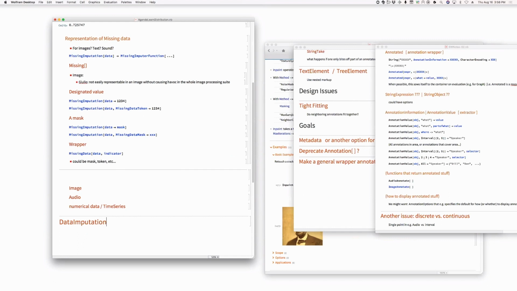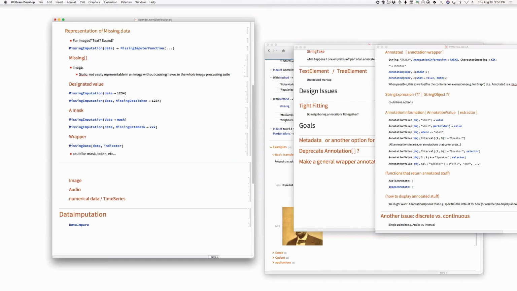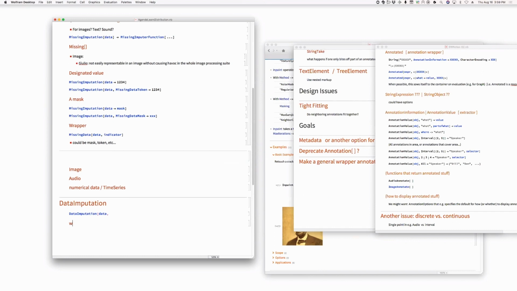Okay. I don't think that has to be missing. So if we said data imputation of the existing data, comma, and now we've got to say, okay, so we're either saying, where is the data missing?